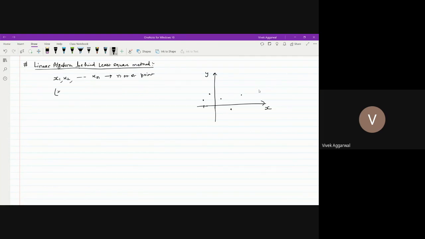So I have the points (x1, y1), (x2, y2), and so on. These are the data points.